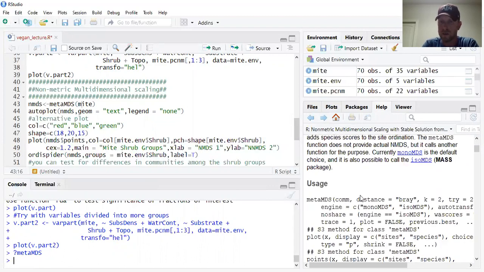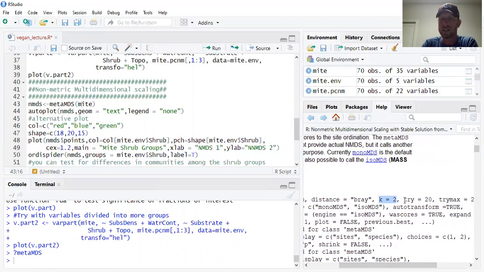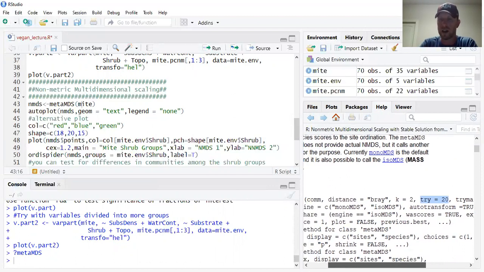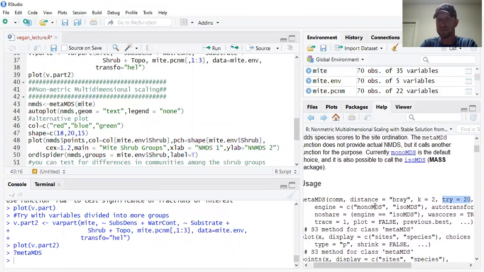We're assuming a few things here. So distance, for example, is bray. This is the Bray-Curtis distance. K equals 2. That's the number of dimensions that we want to think about. They're kind of assuming that you want to think about 2. This is the number of iterations that we're going to try to show those things in 2 dimensions. And there's a lot of other technical stuff that we won't go into here.